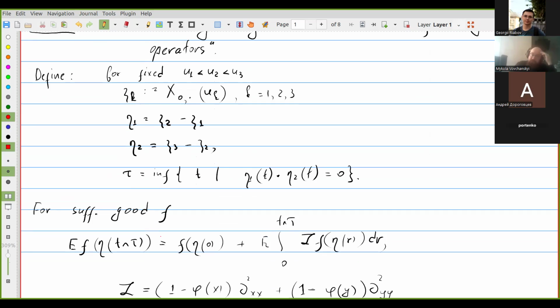So the object we are dealing with is fixed 3 ordered points. We consider 3-point motions that start from exactly this point of space.